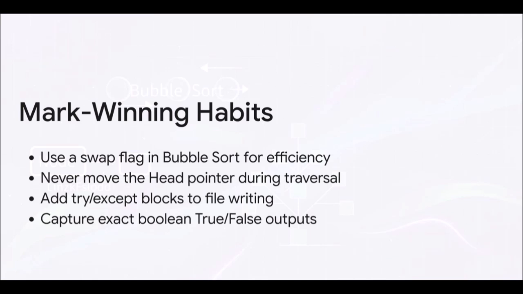Always use a secondary current variable. When you're writing to sortedresults.txt, wrap your file writing code in a Python try except block. The mark scheme explicitly rewards you for intercepting I/O errors rather than just letting the program crash and burn. And lastly, when you are asked for evidence, ensure your screenshots clearly show the exact outputs requested, like the literal words true or false for your search functions.